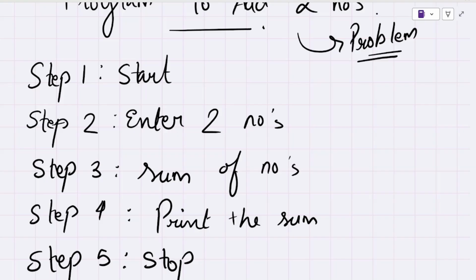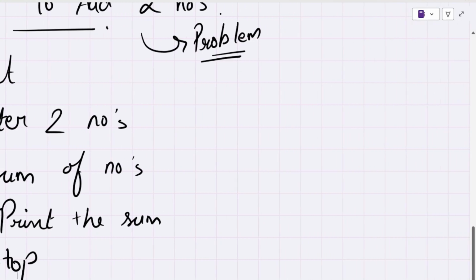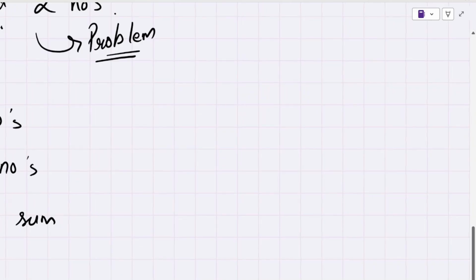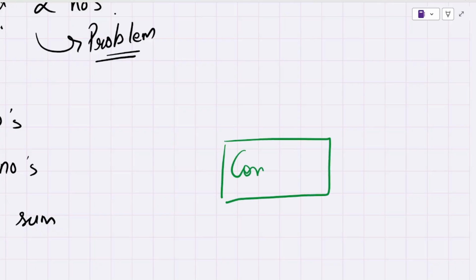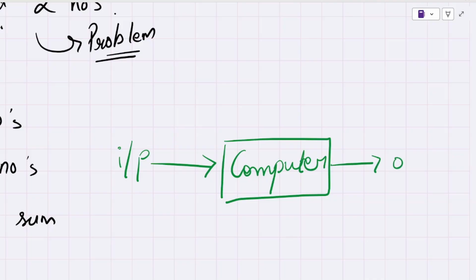Now, if we want to show this in an architectural or diagrammatic way, I can do that also for you. We have a computer or a system. We will give input, and we are expecting output.